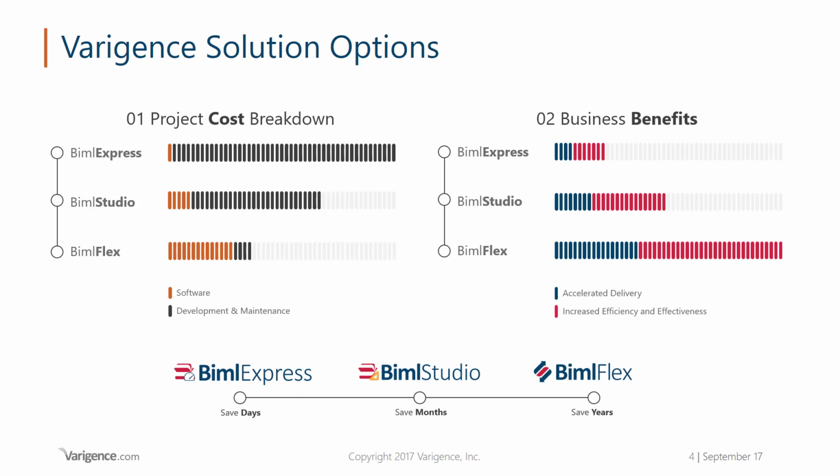You're just going to have to write all that code and figure out how it works. We've spent months and years building BimlFlex, but you can totally do it using Biml Express if you're up for the challenge. You can do it also in Biml Studio, which is what we've used to develop BimlFlex. Again, the tooling is more advanced than the Biml Express version, but you can totally build everything we've built today.